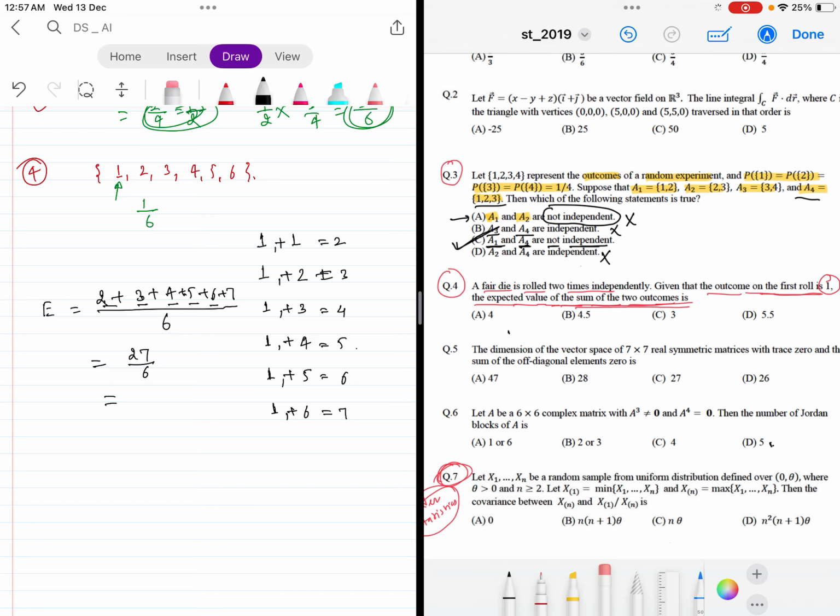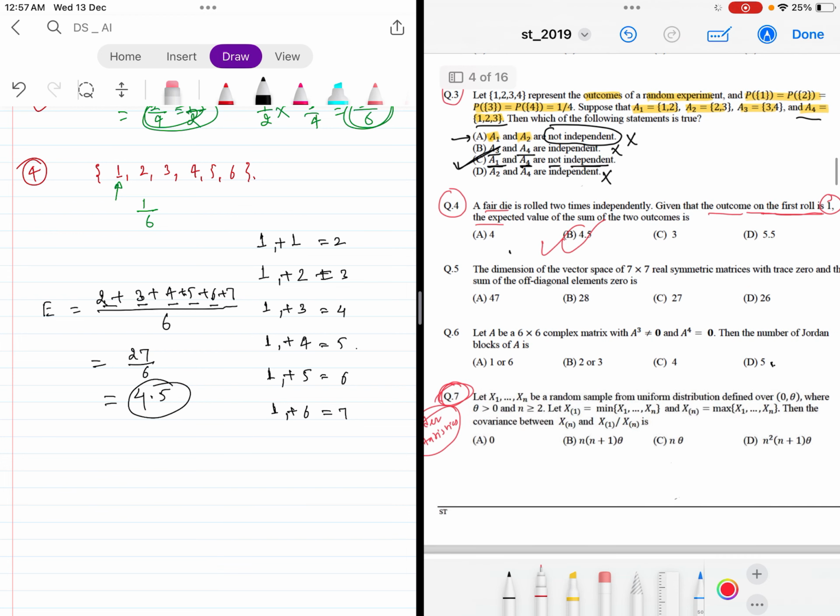So it will be 4.5. So this is the correct answer. So option B is correct. For question 4, option B is the correct one.